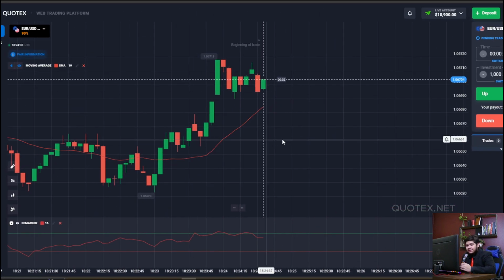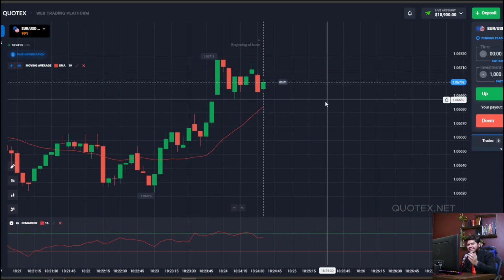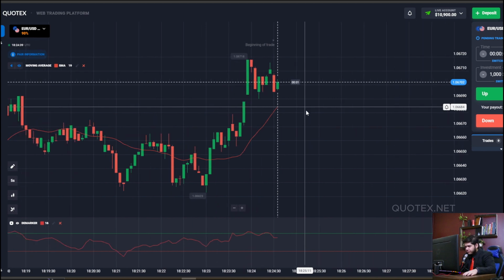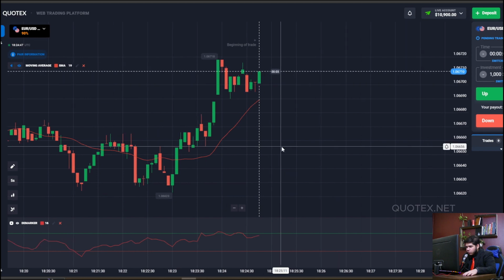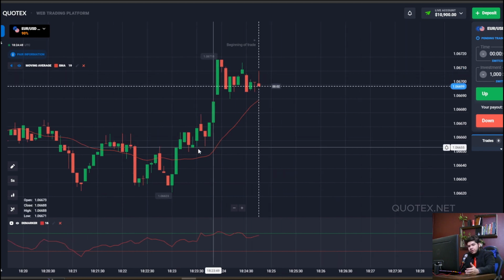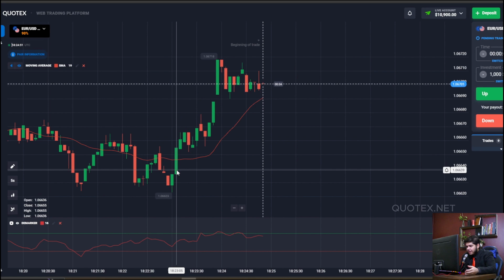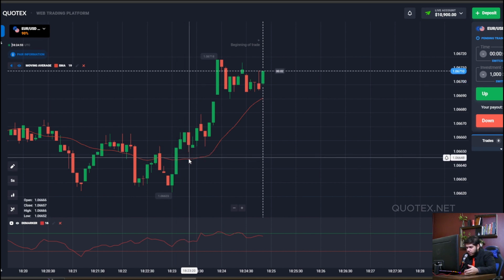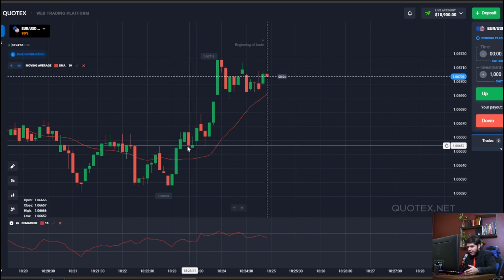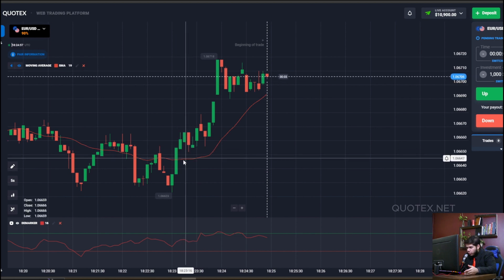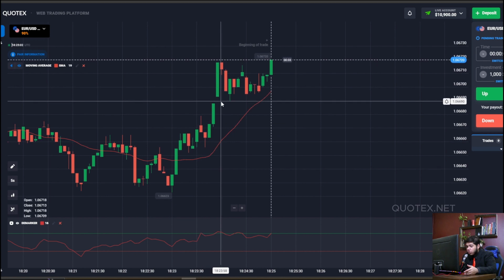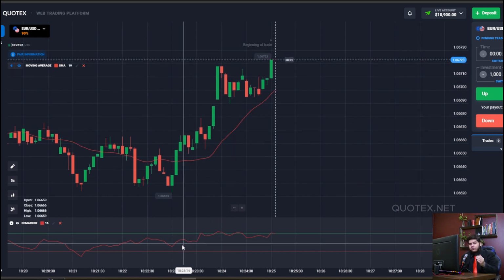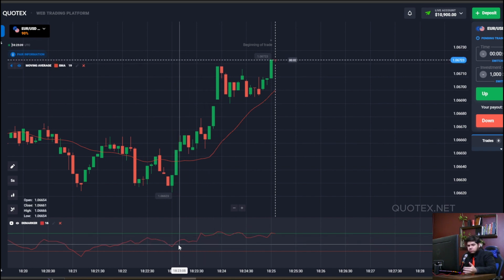Can you believe it, guys? $900. So now let's analyze this trade. So here what I have done is the market just moved above this moving average, like I told you guys, and you can see the price going towards the upside, and the DeMarker was also moving towards the upside from a lower angle, which means that the market is now in the uptrend.